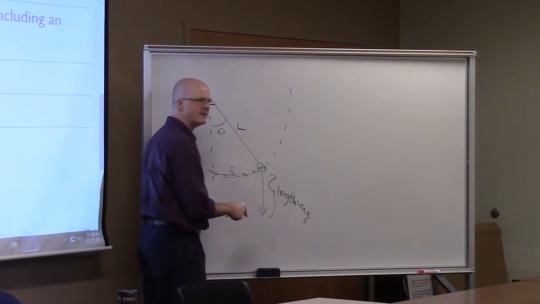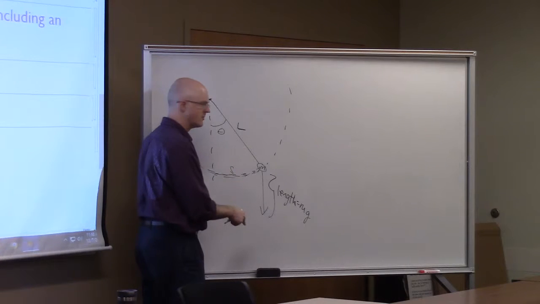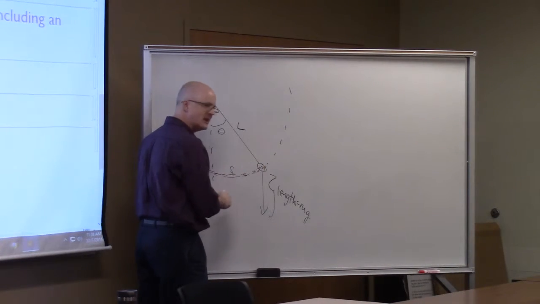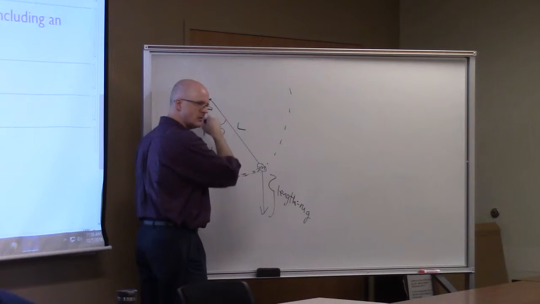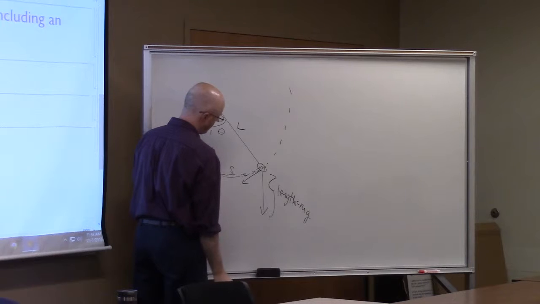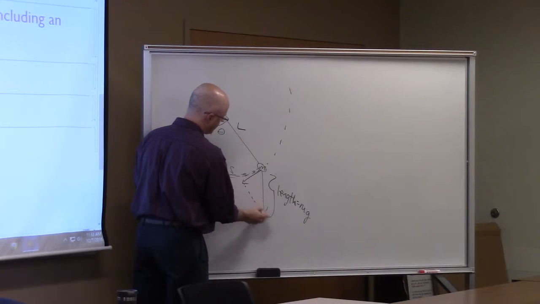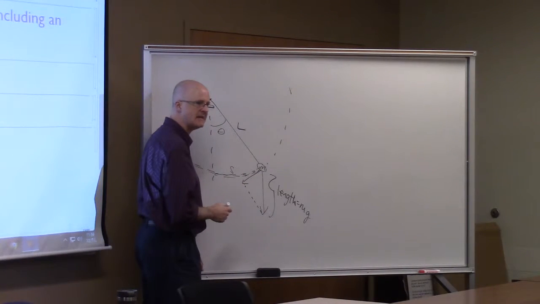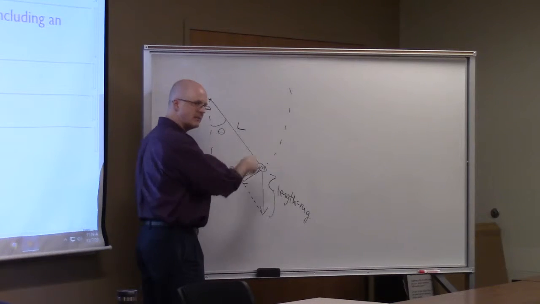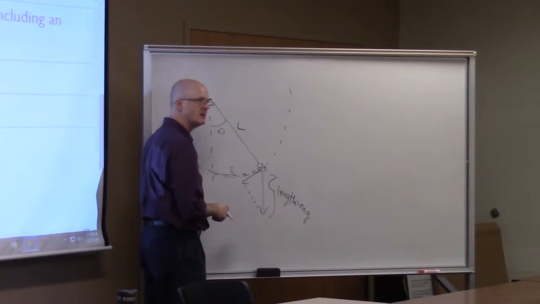The component of the force of gravity in the direction tangent to the circle here would look about like this. And the length of that arrow is essentially the magnitude of the force that the bob feels, so to speak. It's the effective force because it's constrained motion along the circle.